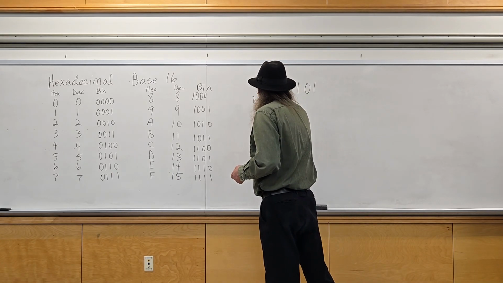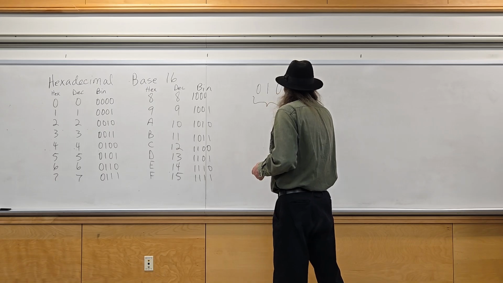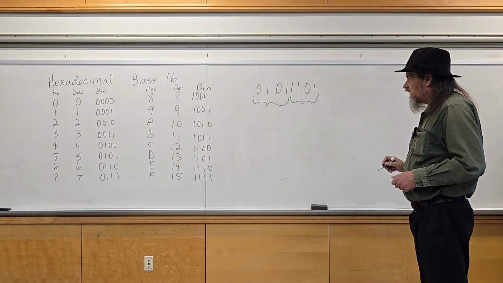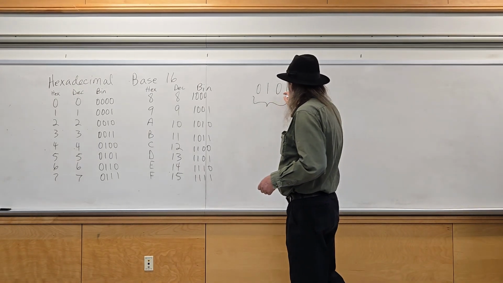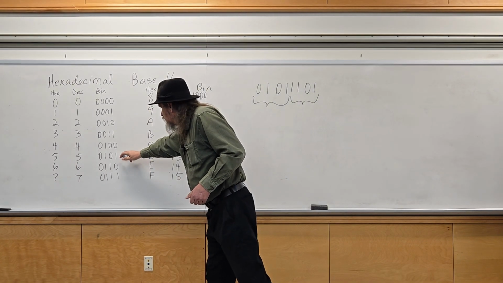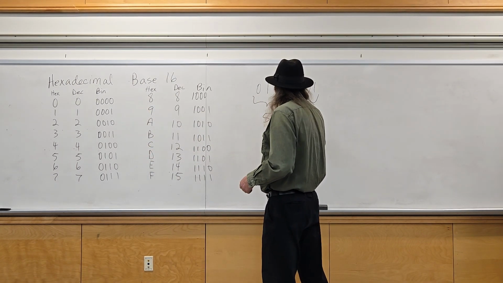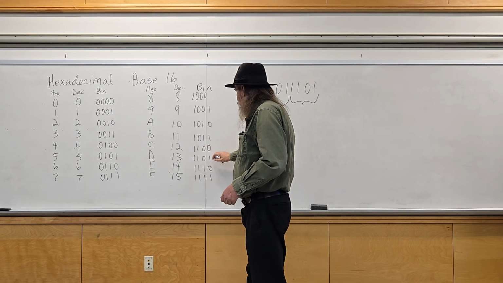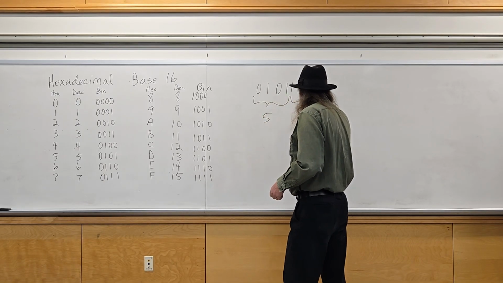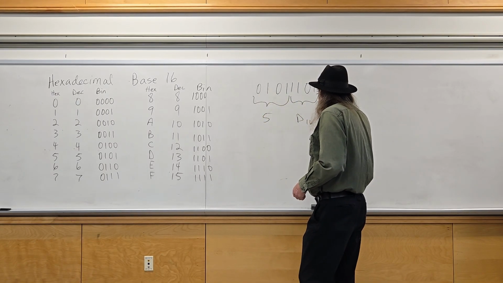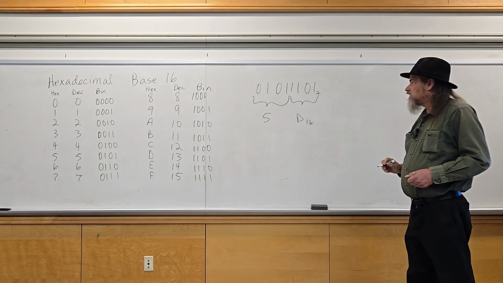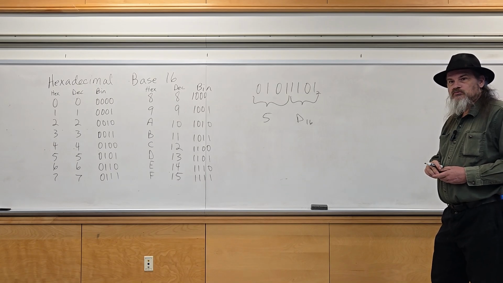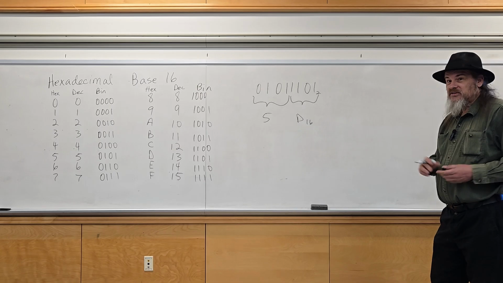So you would group the 4s together, each group of 4 together. 101 over here is 5, and 1101 is 13, which is D. So you would have 5D. Yes. That's it.